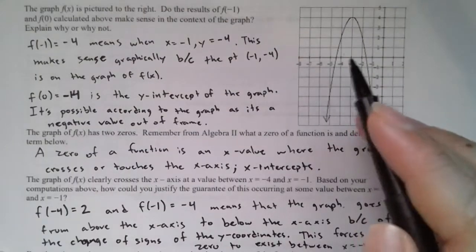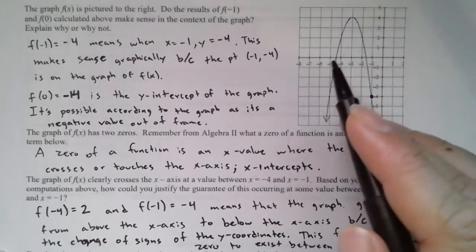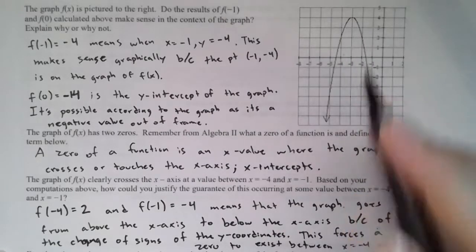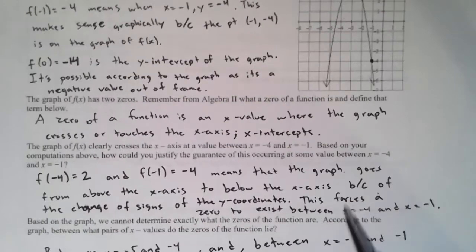Those are the two pairs of integers where we know for sure there are zeros of this function.